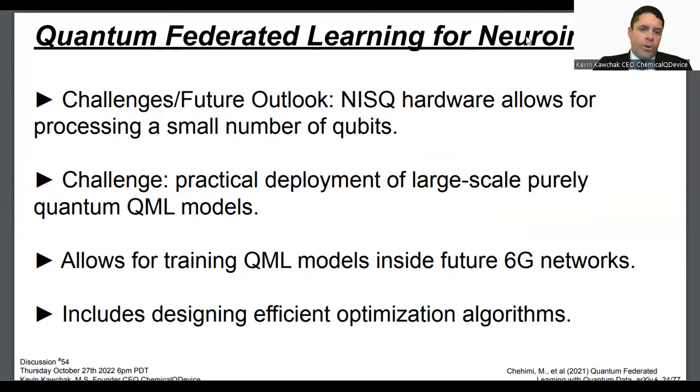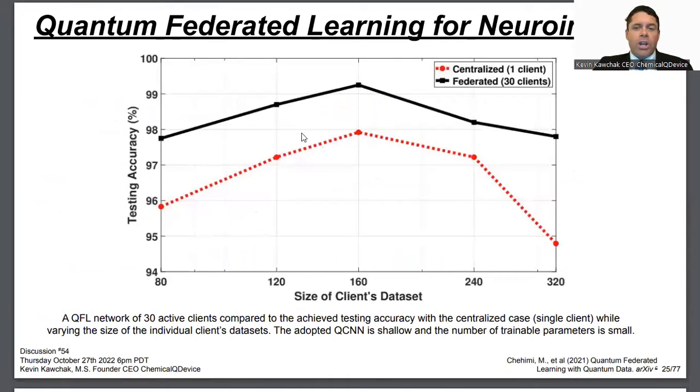And I'll show you again, as far as this Los Alamos National Laboratory paper, it's the same kind of thing. The more quantum you are, the higher chance you'll get quantum advantage. And I'm talking about quantum sensing, quantum algorithms, quantum memory, and quantum computing. So this allows for training QML models inside, like I said before, the 6G and efficient optimization algorithms.